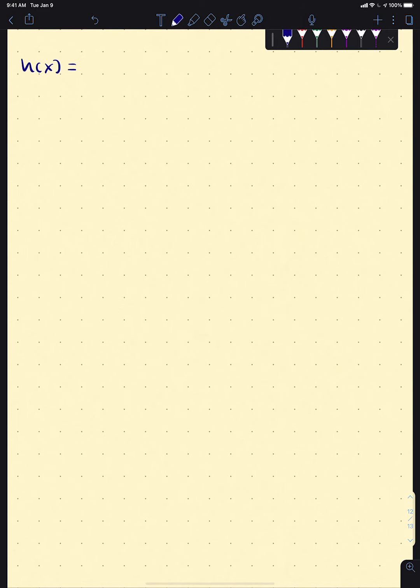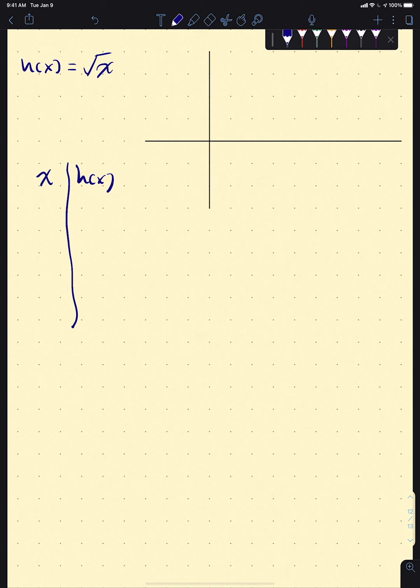Let's say h of x is the square root of x, right? And we'll throw down some axes, maybe a little something like that. So we need our table, x and h of x. And we want to, again, pick a few representative points from our domain.